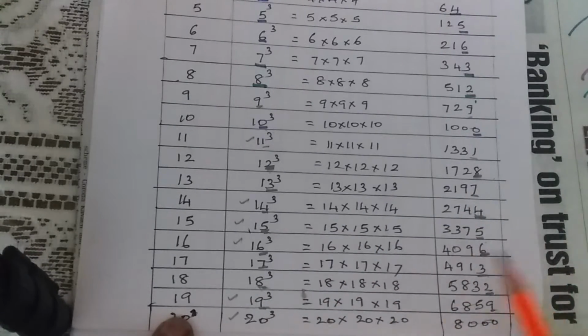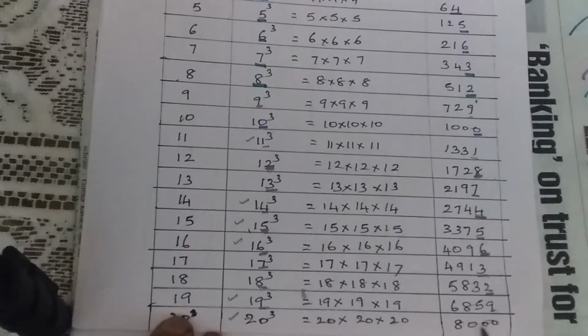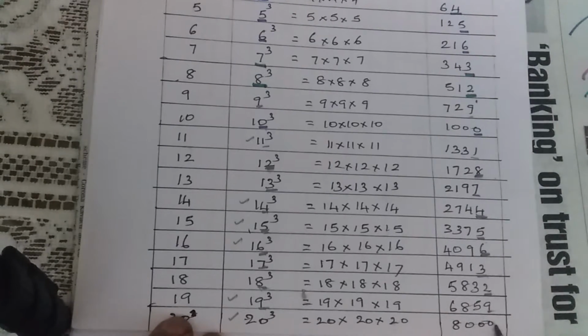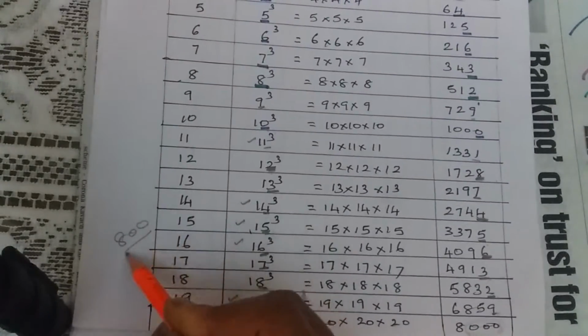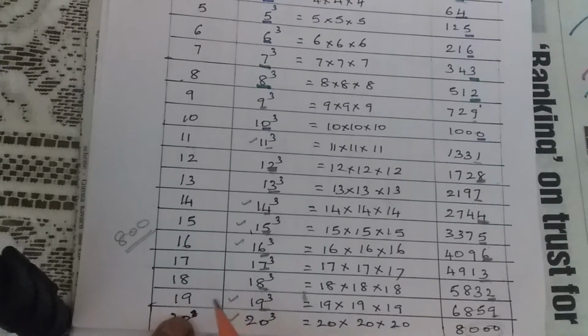And one more property, if it is a cube and it ends with 0, then it should have 3 zeros. It should have zeros as a multiple of 3: 3 zeros, 6 zeros, 9 zeros, 12 zeros. Suppose a number is ending with 2 zeros, then it is not a perfect cube. A perfect square number, as we studied in square root, if it is ending with 0, should end with an even number of zeros.